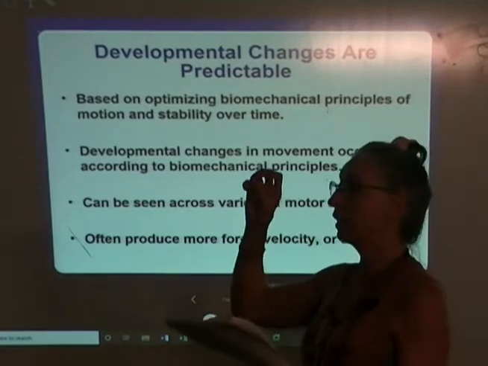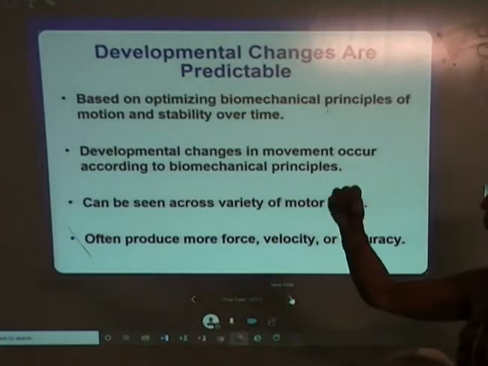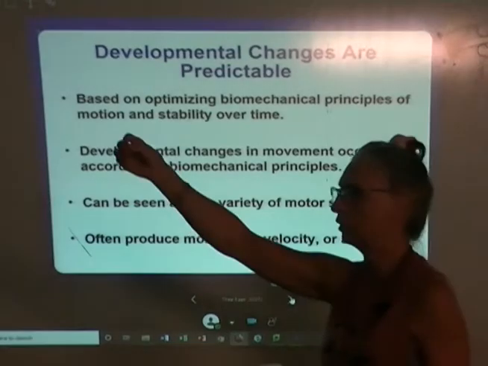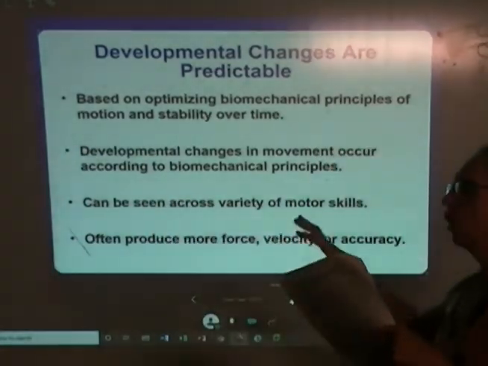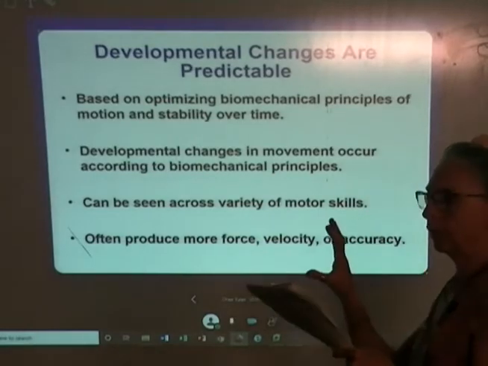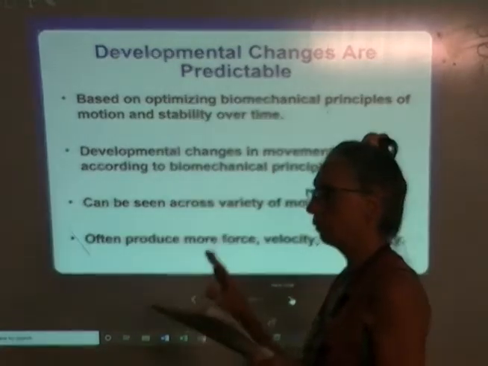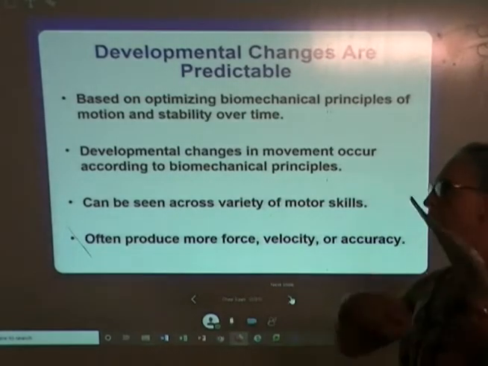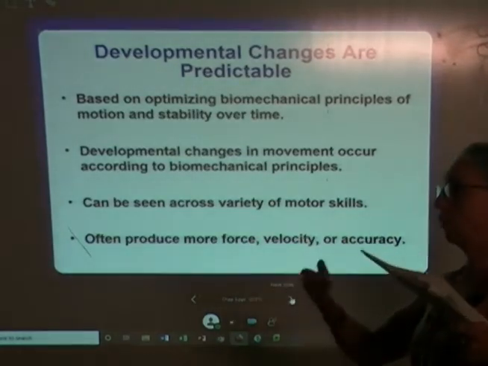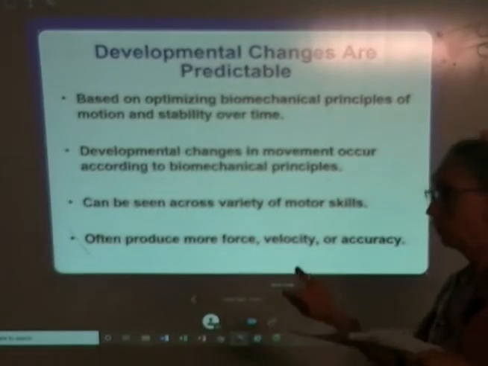So that means if we're going to really understand the developmental sequence, we have to have some idea of these biomechanical principles, okay? And the brain sort of uses these principles even though the child doesn't cognitively understand them, right?